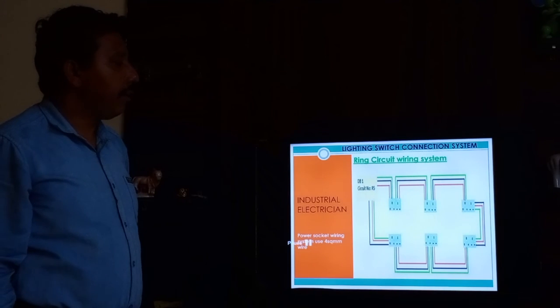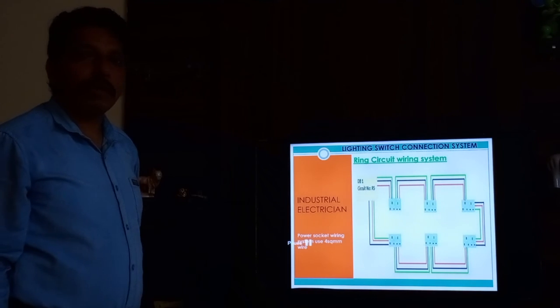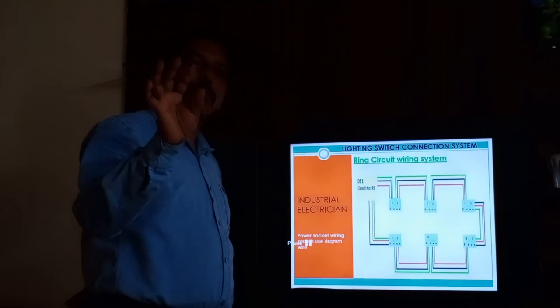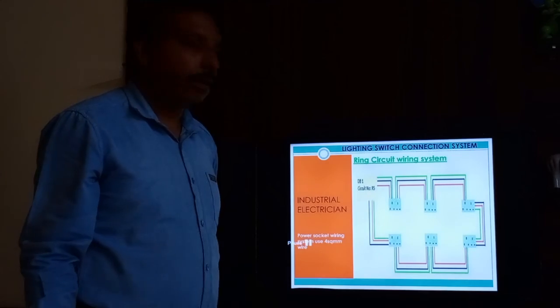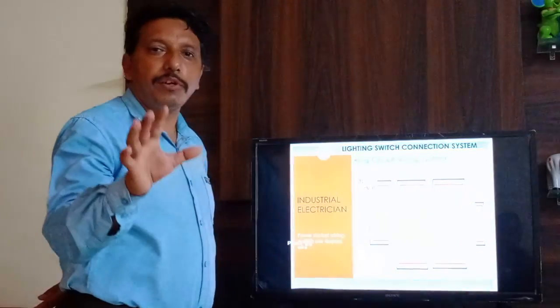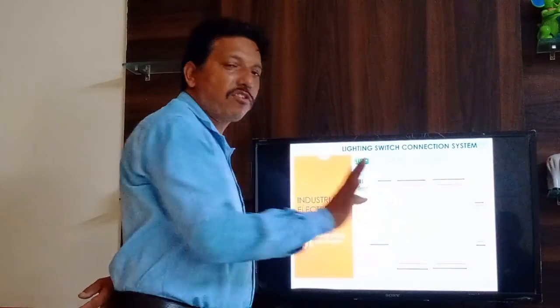If they do not ask you to make the diagram and only ask for the answer, you can say ring circuit uses six wire, same phase, color code: two phase, two neutral and two earth. From the DB, the six wire is divided into the first point and last point.